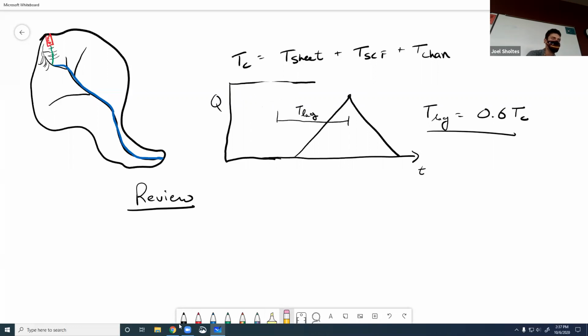This is a convention that people use to draw precipitation on the same axis or the same kind of chart as the hydrograph. So if we have Q right here for our hydrograph, and this is our Q peak, this would be, and I'll just draw it right here, this would be precipitation.